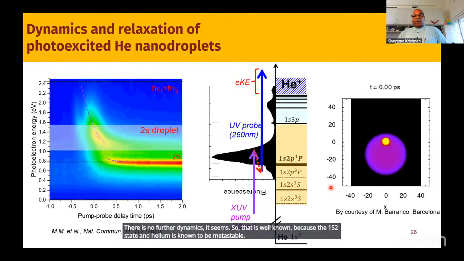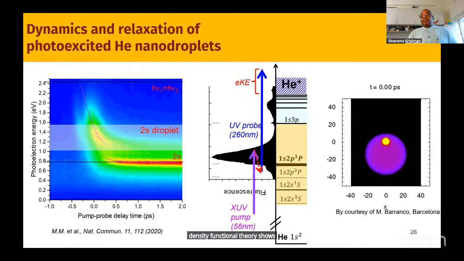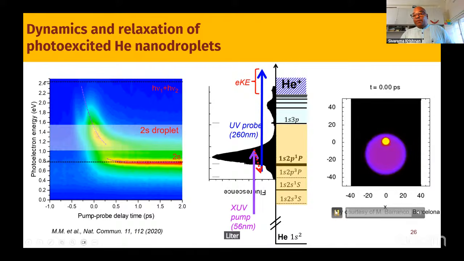But meanwhile, computations performed by the group of Manuel Barranco in Barcelona, treating a helium atom like that of an electron and doing density functional theory, show that this excited helium literally lives in a bubble. This animation will show you.